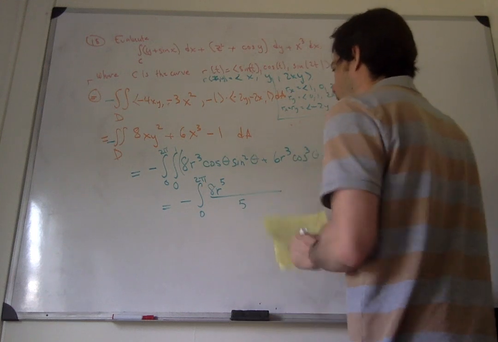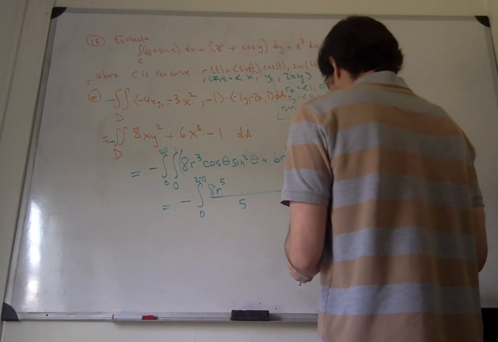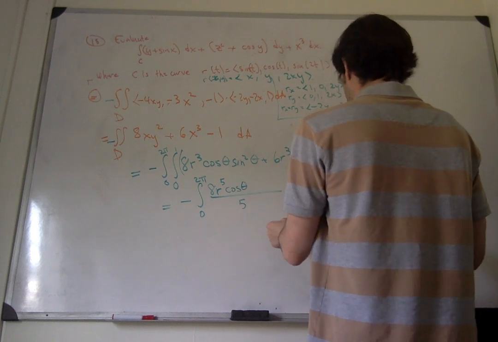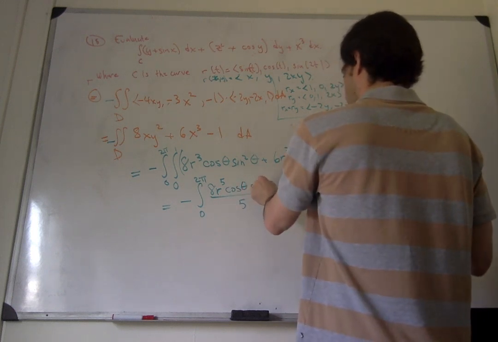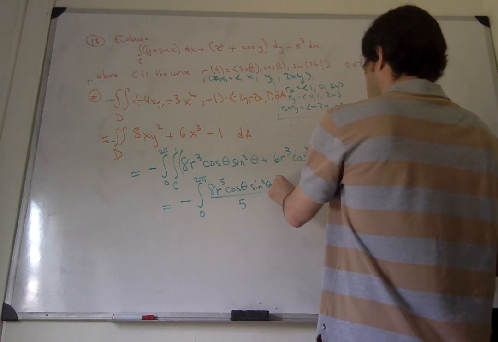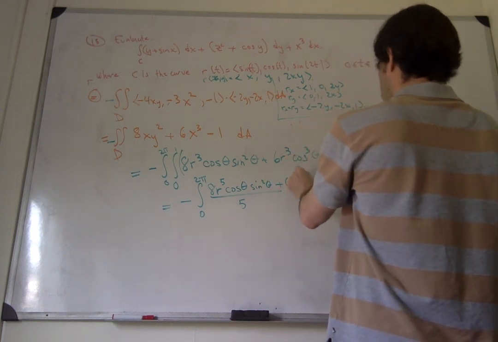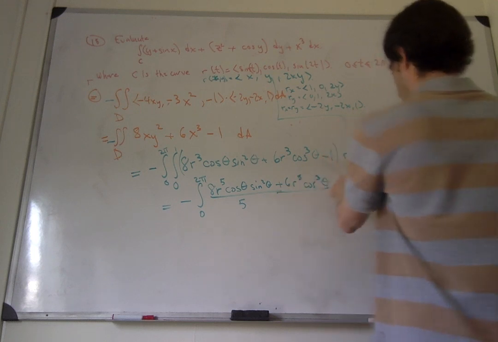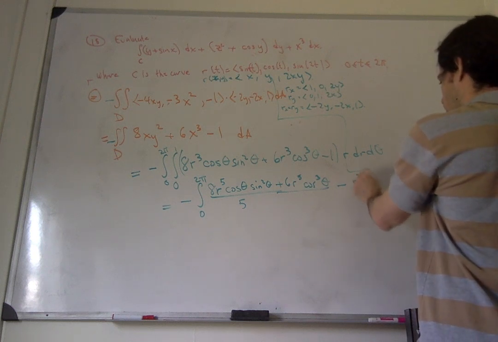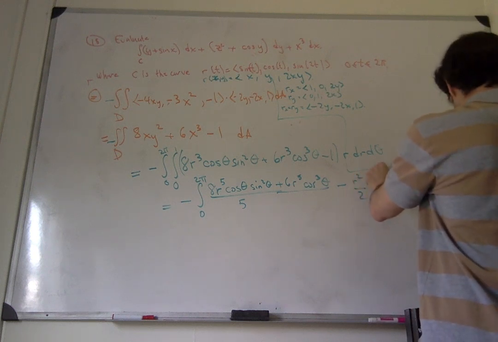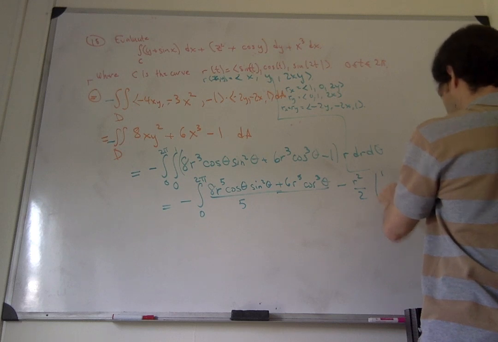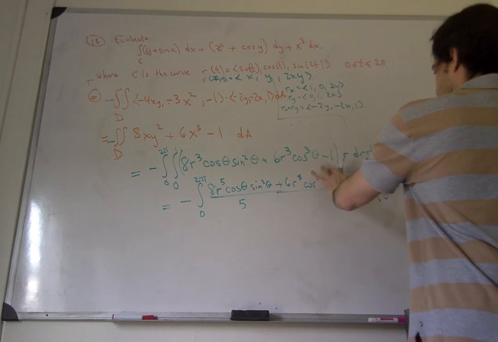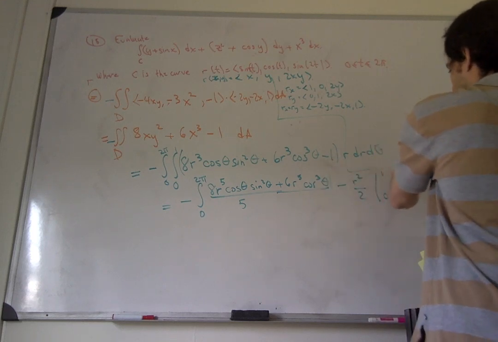So that's where you get the 5th power. So at the end of everything, you should get r to the 5th power cosine theta sine squared theta plus 6 r to the 5th power cosine cubed theta minus r squared over 2, and again, you're evaluating the whole thing from 1 to 0.